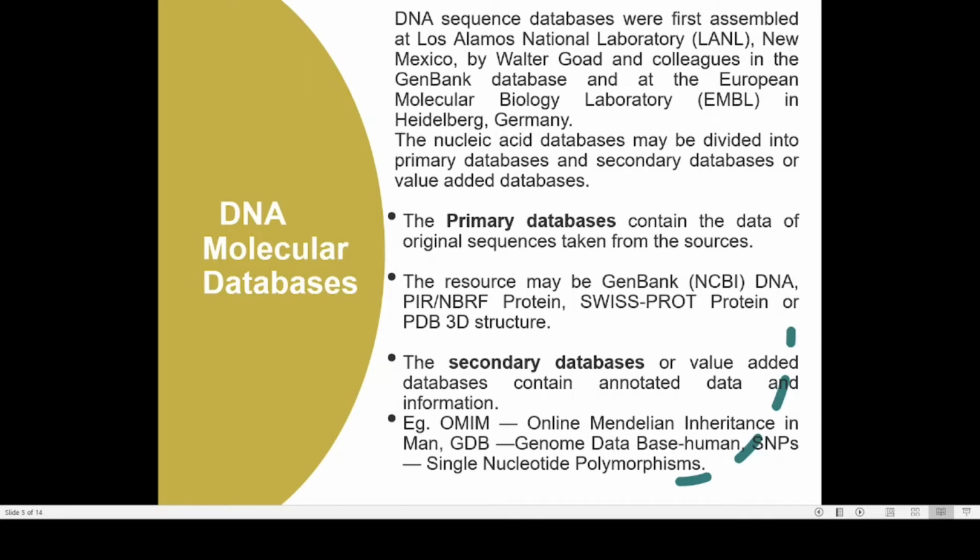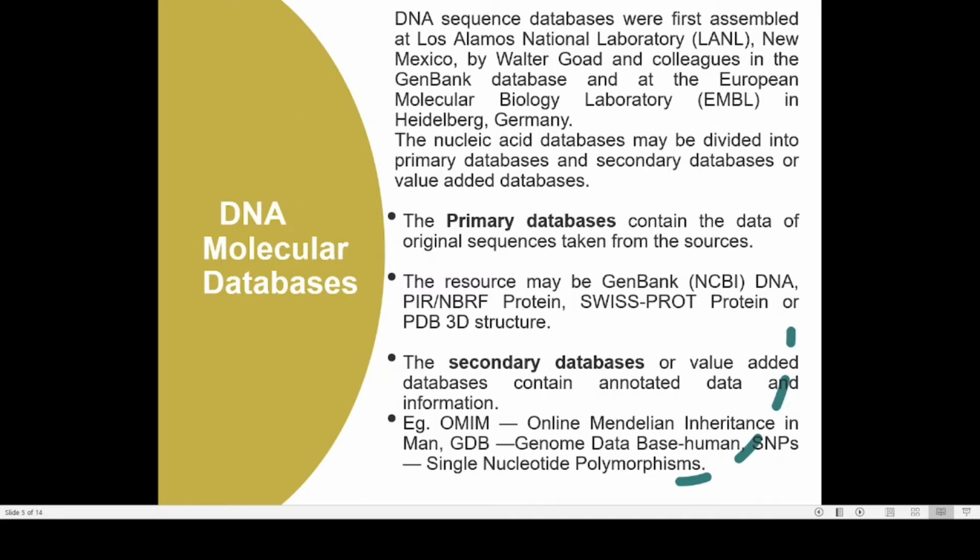So for the time being, you understand what is a primary database and what is a secondary database. In the case of primary database, it will contain only the original sequence information, whereas in the case of secondary database, in addition to original sequence information, it will also give you some additional information about that sequence.